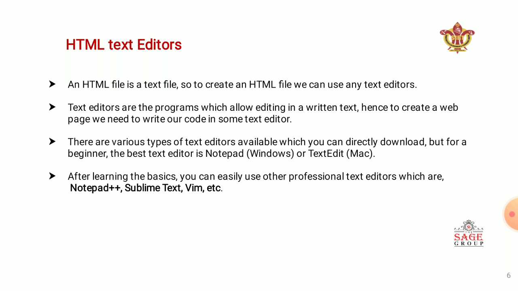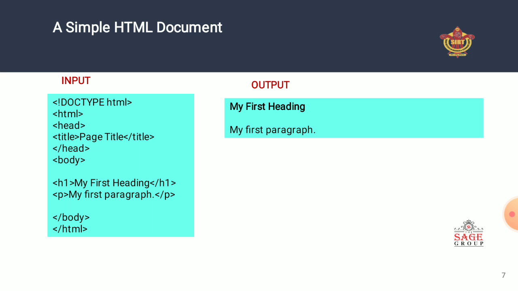There are various types of text editors, simply Notepad and TextEdit on Mac. After learning the basics, you can easily use other professional text editors, such as Notepad++, Vim, etc.